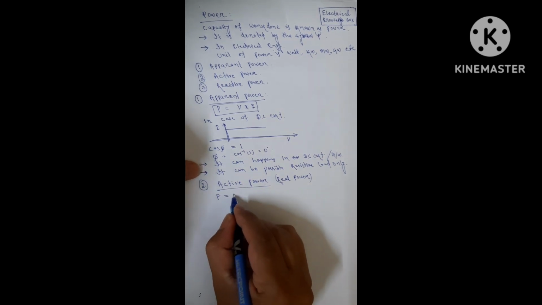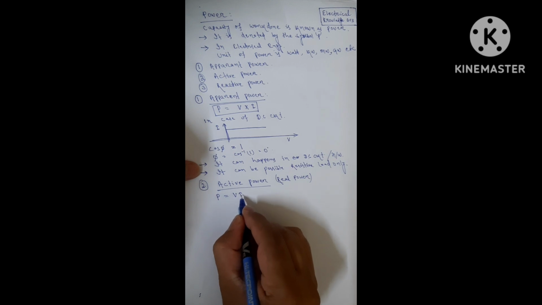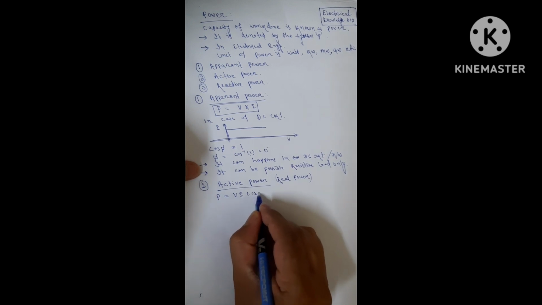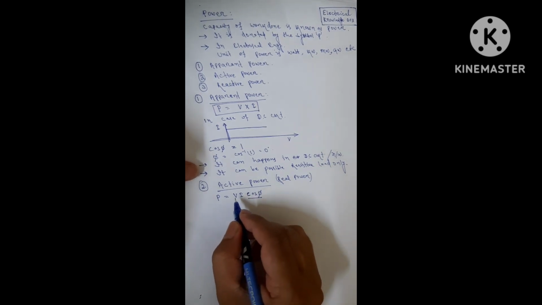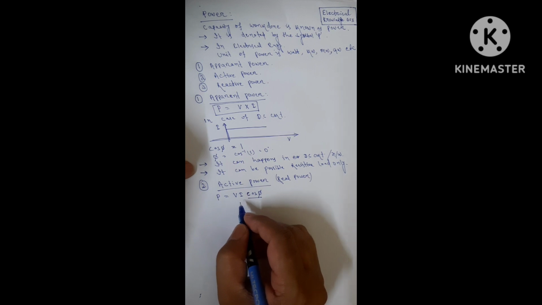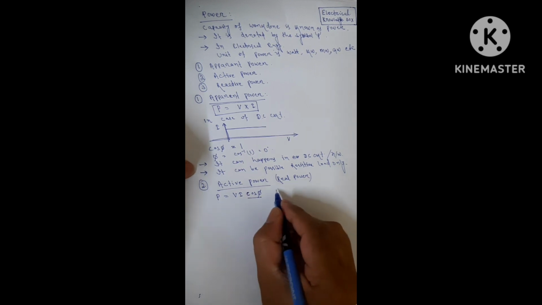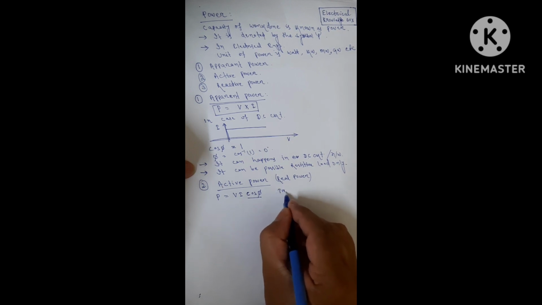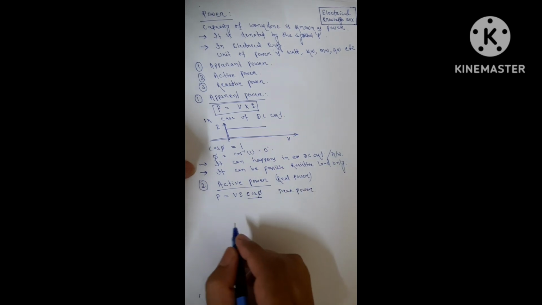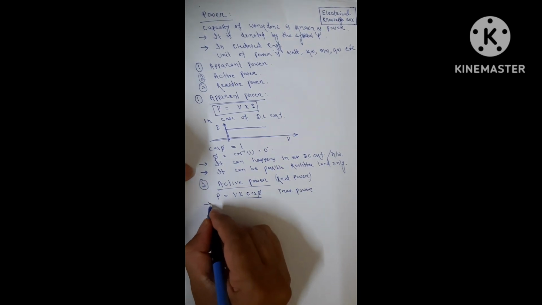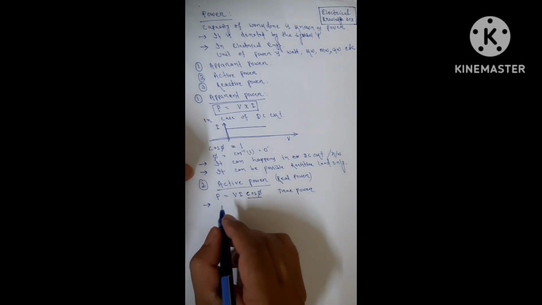P equal to the multiple of voltage, current and cos phi. Cos phi is your power factor, that is the angle between current and voltage. We can also call this true power, correct?